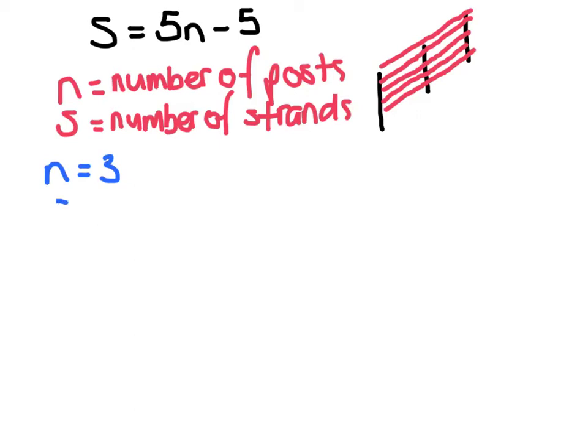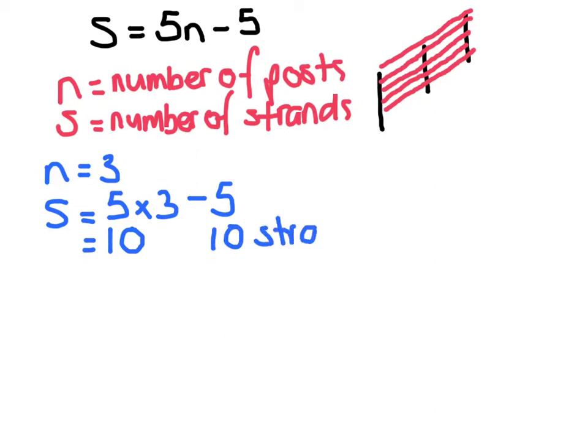So I'm going to say S equals 5 times 3 minus 5. 5 threes are 15 minus 5 is 10. So my answer will be 10 strands of wire.